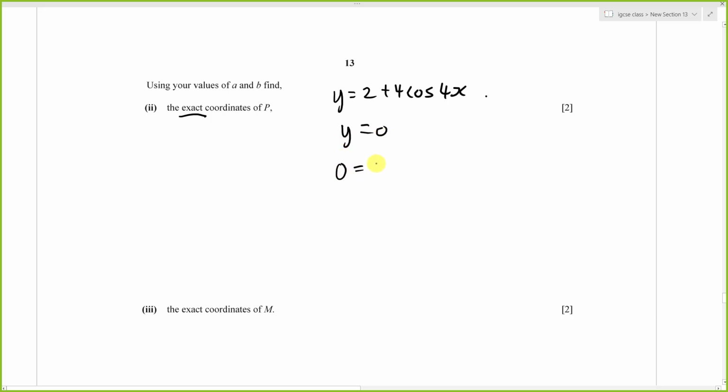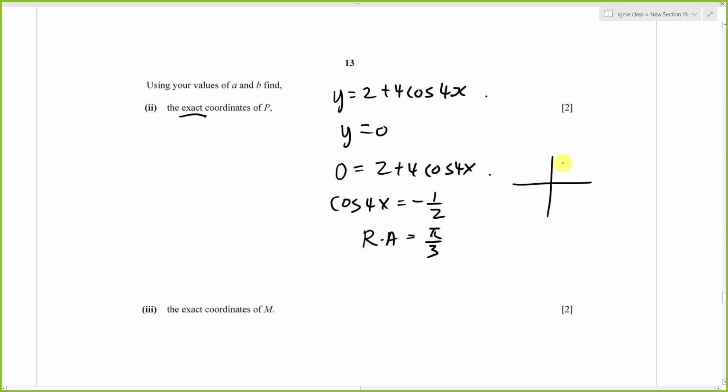Then 0 equals to 2 plus 4 cos 4x. Then cos 4x equals to the negative 1 over 2, right? Negative 2 over 4, so it's negative 1 over 2. Then find reference angle also, which is pi over 3. Then just now, we do the add sugar to coffee. We cannot take back the first one here. If not, we will get back the same coordinate like just now.